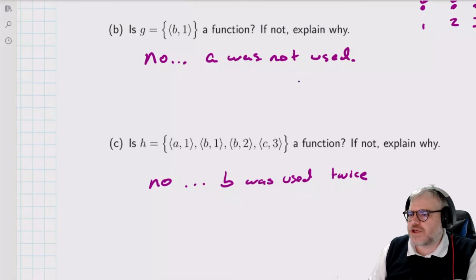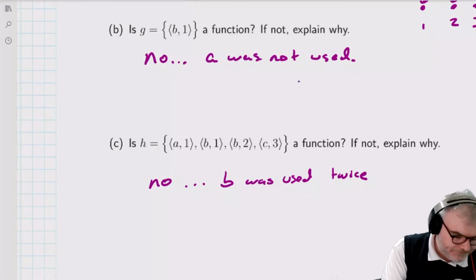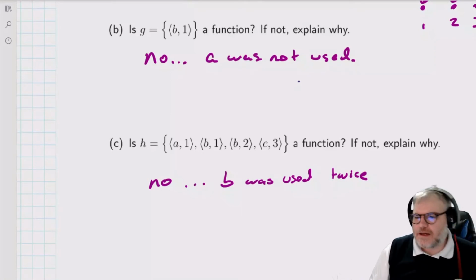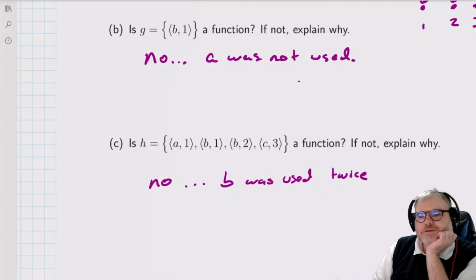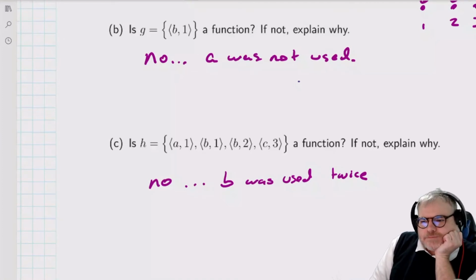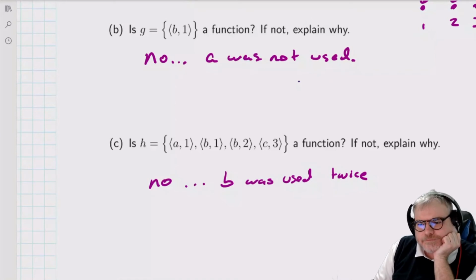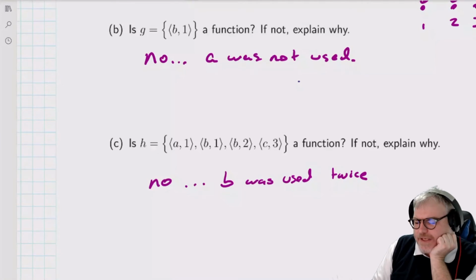All right, number 2, B and C, how do we feel? Yes, B will work fine.